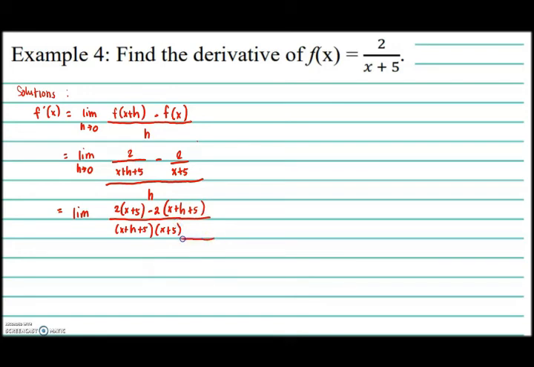That's all over h as h approaches 0. Next, let's distribute.